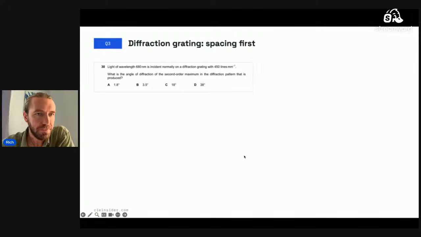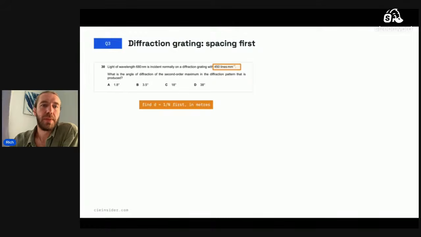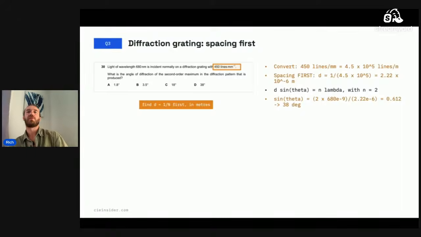So, if we have 450 lines per millimeter, obviously the main thing here is to make sure that we convert this correctly before we start plugging into our formula. So if we find d, which obviously is 1 over n first, but needs to be in meters. If we convert that, you should get 4.5 times 10 to the 5 lines per meter.